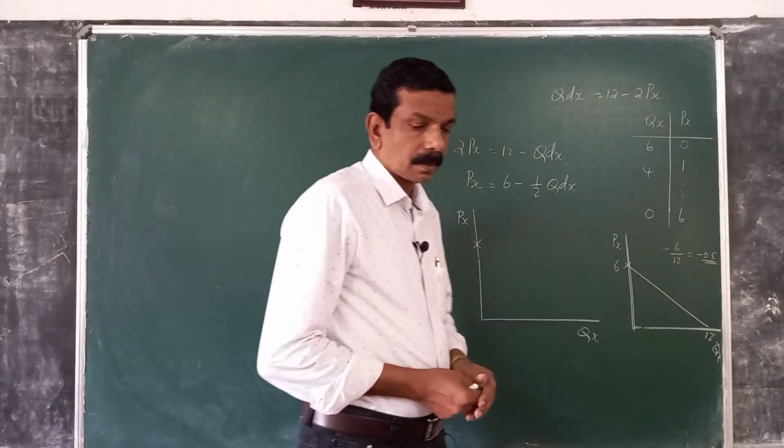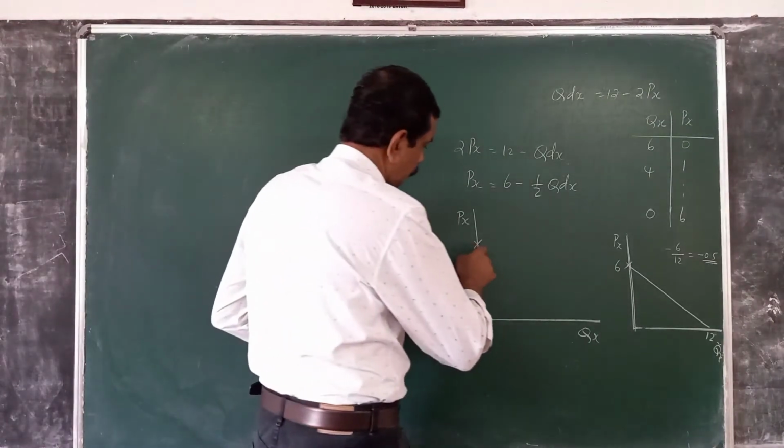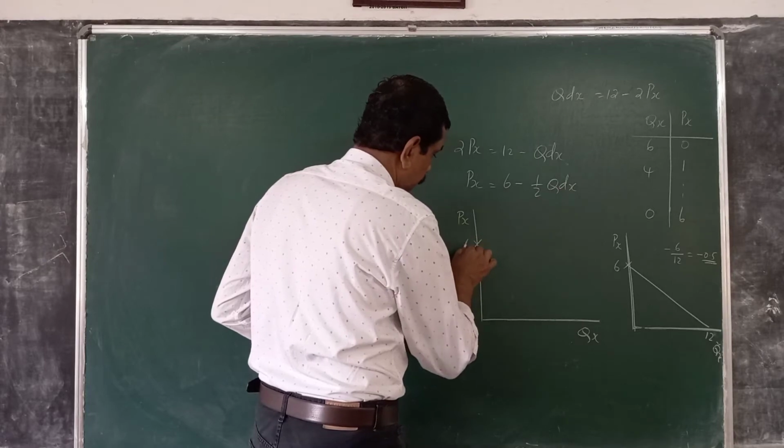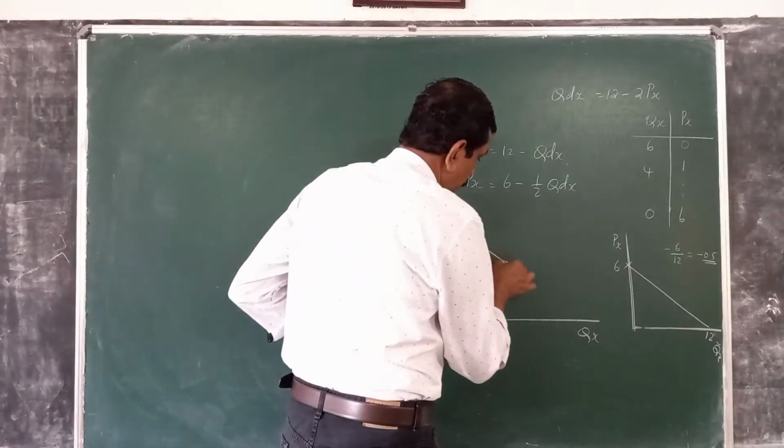Now, when Qx is 0, Px is 6, and when Qx is 12, Px is 0.